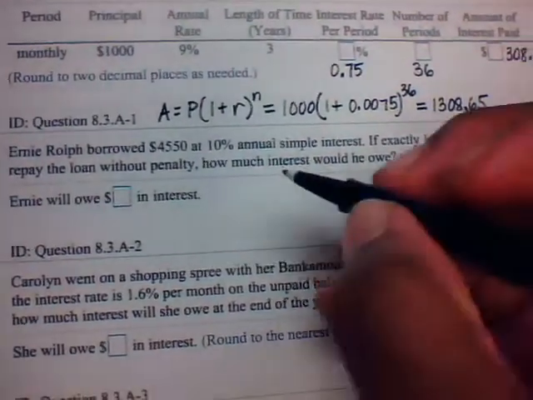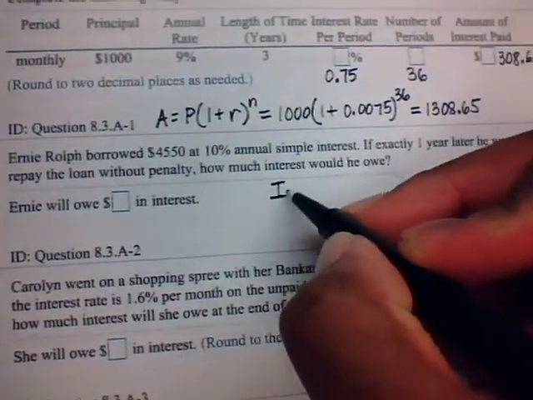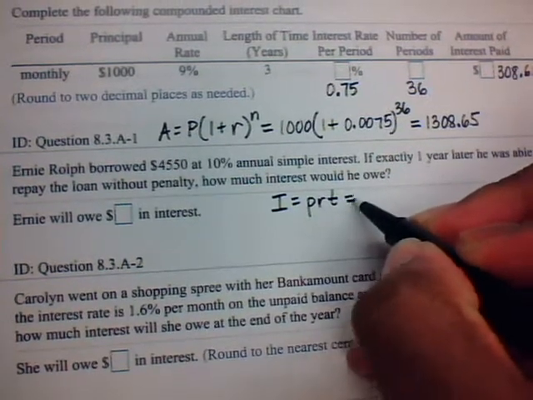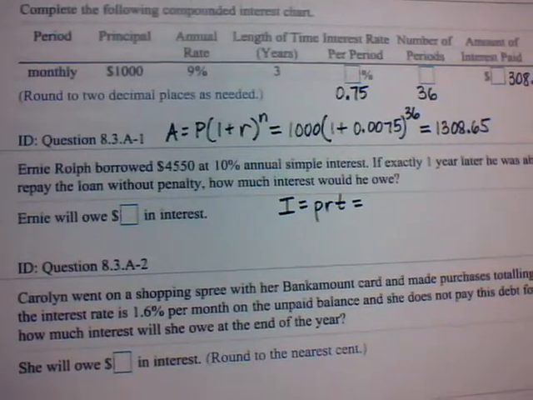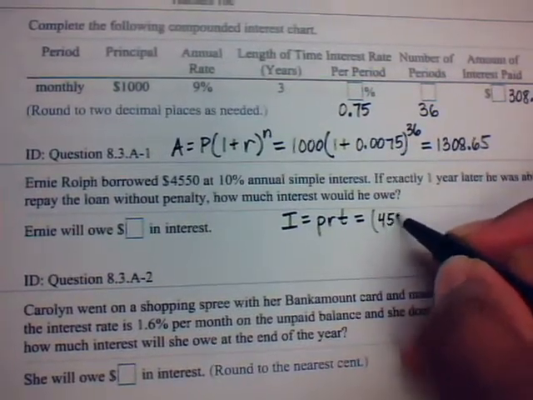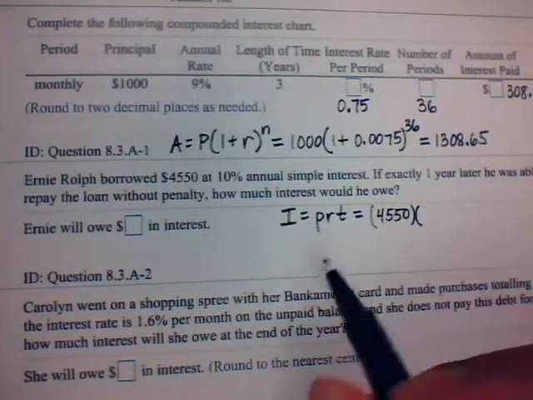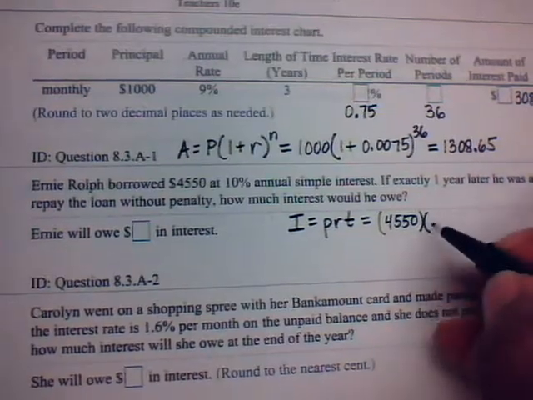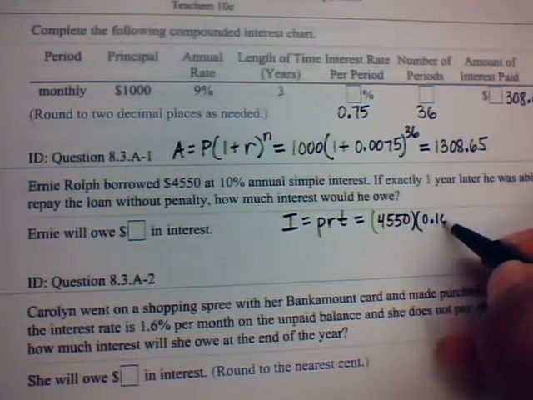In this case, this is simple interest, so we're dealing with this formula. I is equal to P times R times T. P is the principal, which in this case is $4,550. The interest rate is a simple interest rate of 10%, so as a decimal, it's 0.10.